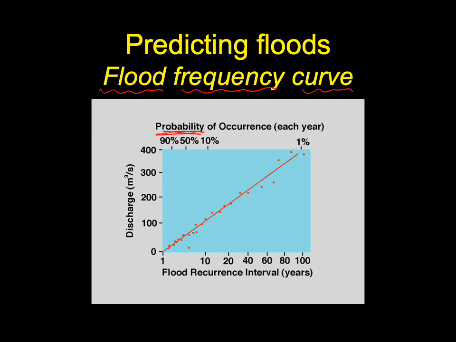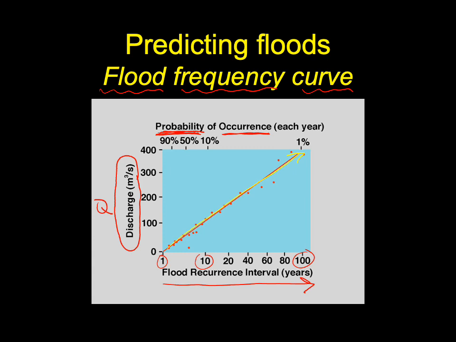Now, again, this is not factual, but what's the likelihood of occurrence? What's the likelihood that a flood of a certain discharge, remember, this is Q, will happen during a certain interval? And this is in years. So notice there's 1 year, 10 years, up to 100 years. Look at this graph and notice that the line is oriented like this.